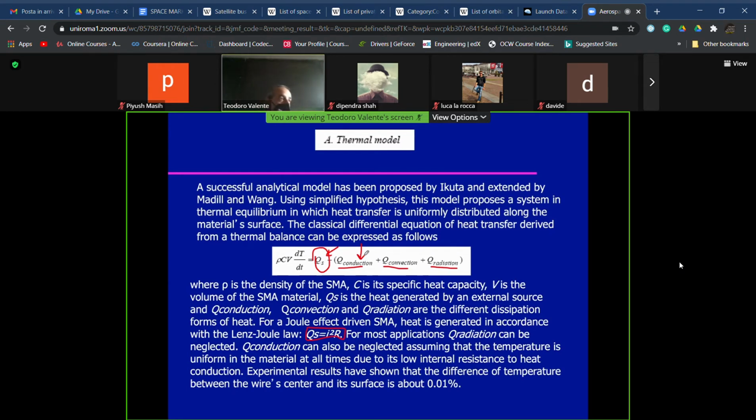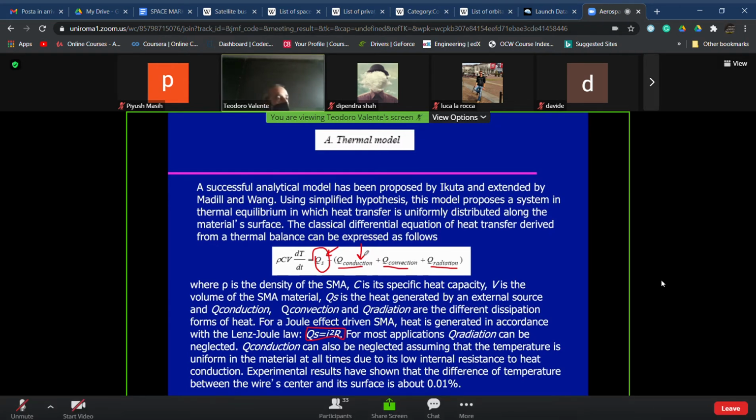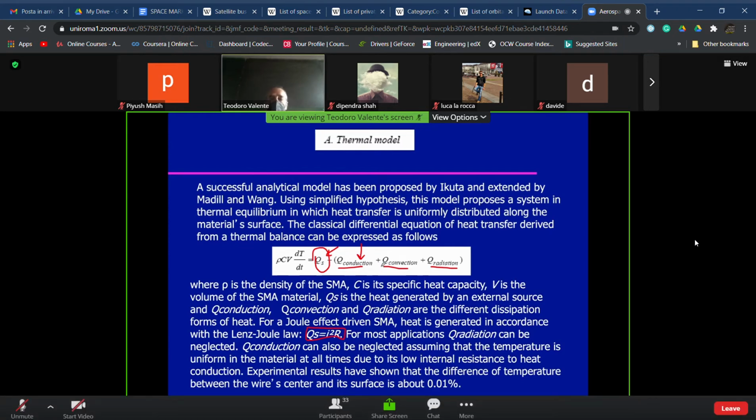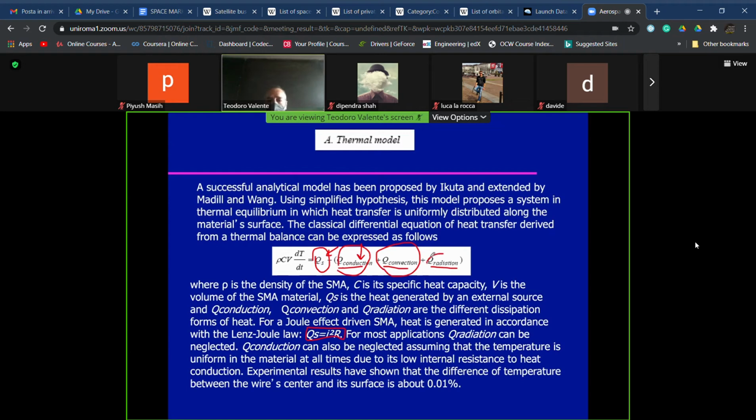And so conduction losses are very, very low due to the fact that the thermal conductivity of the metallic alloys is relatively high.